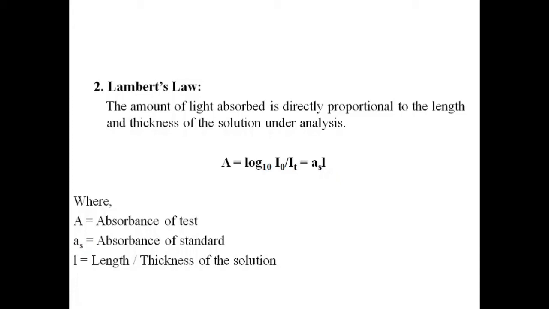If we assume AS is constant, then A is proportional to L. So we have two relations: absorbance proportional to concentration, and absorbance proportional to the length of the cavity.